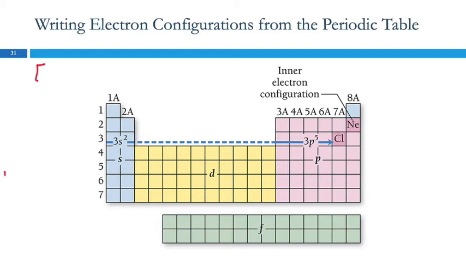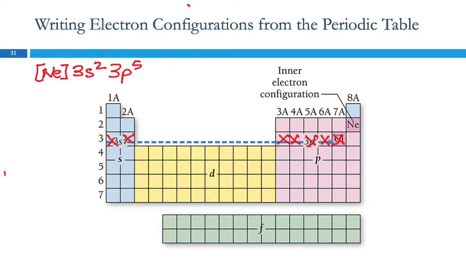So we'll take the electron configuration of neon, and then what's coming after that? Well, after that is these two guys. That's 3s, 1 and 2. So that's 3s with 2 electrons. And then we come over here, 1, 2, 3, 4, 5. 5 electrons in the 3p. That make sense?